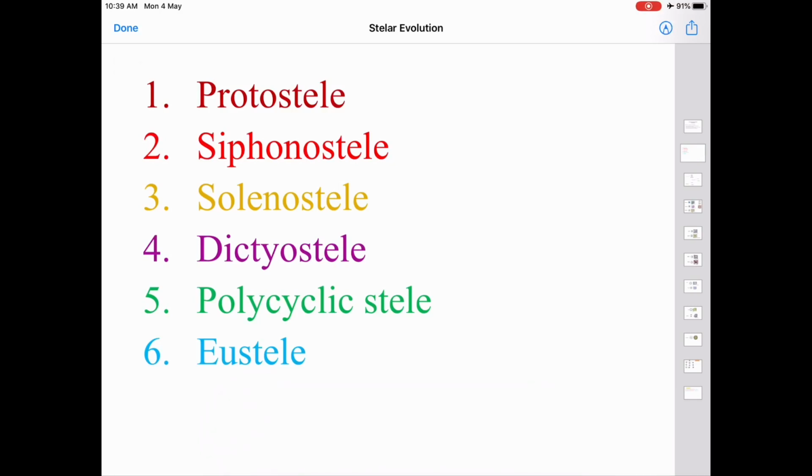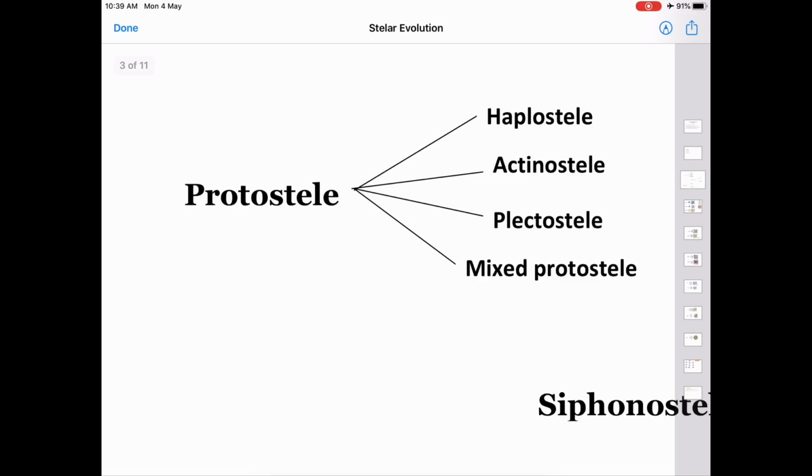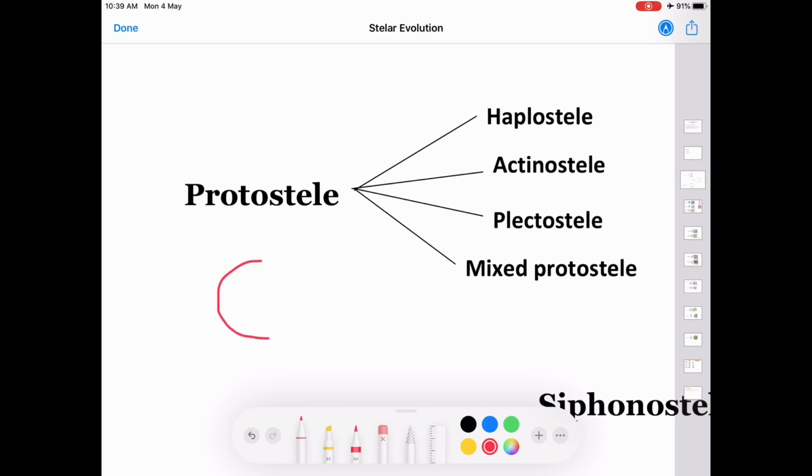Coming to the Protostele, the Protostele is a primitive type of stele and it consists of a central xylem core, and the central xylem core is surrounded by the phloem. That is, the pith is totally absent in the case of Protostele.